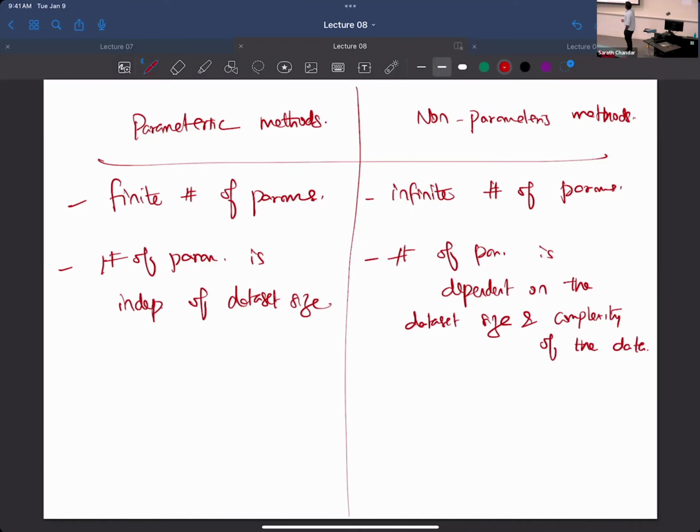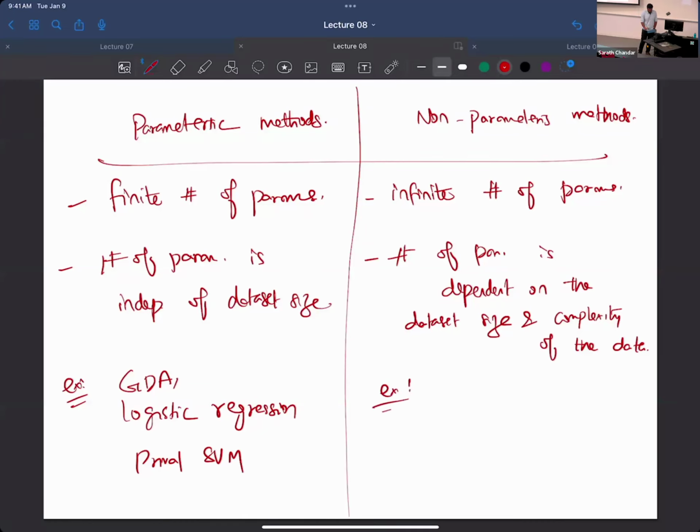Okay, so examples for parametric methods are things like GDA, logistic regression, and the primal formulation of SVM. Examples for non-parametric methods that we have seen so far are k-nearest neighbor and the dual form of SVM.